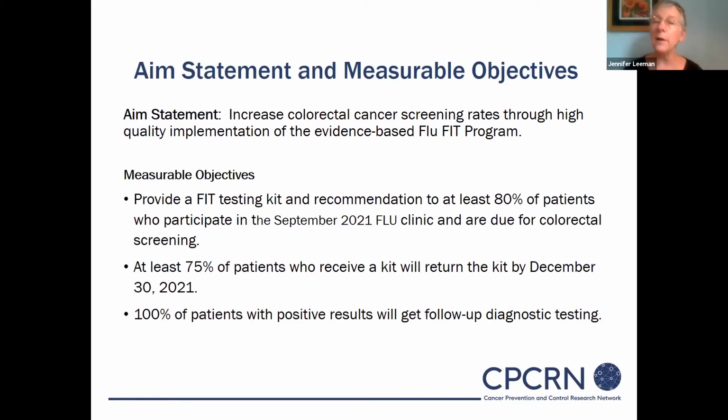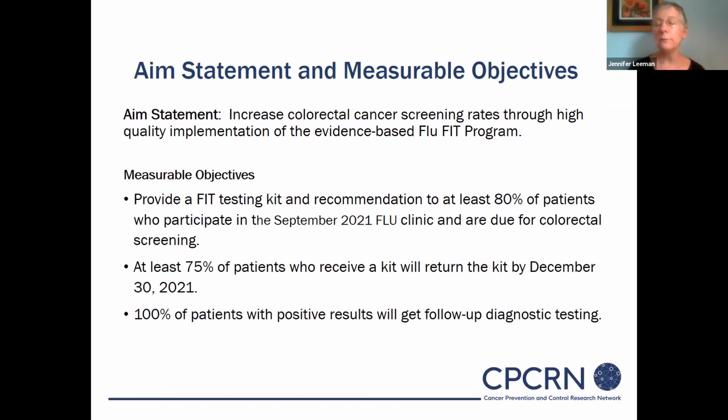So at the top of your charter, you have an aim statement and measurable objectives. In webinar 2, Mary talked to us about how to establish an aim for improvement. And here you have your aim, which is to increase colorectal cancer screening rates through high quality implementation of the evidence-based FluFit program.